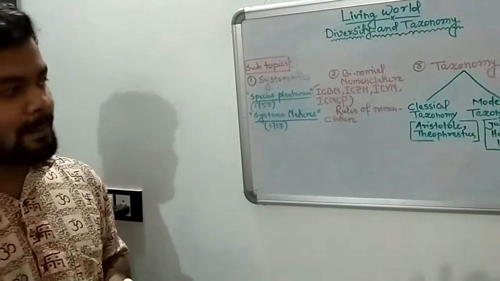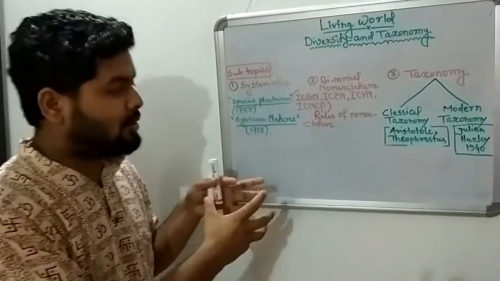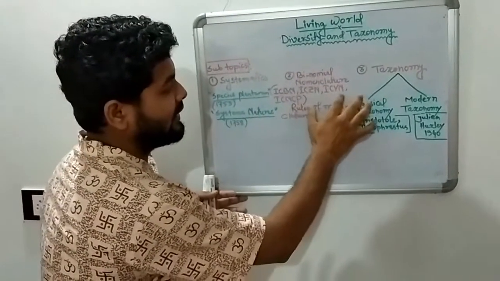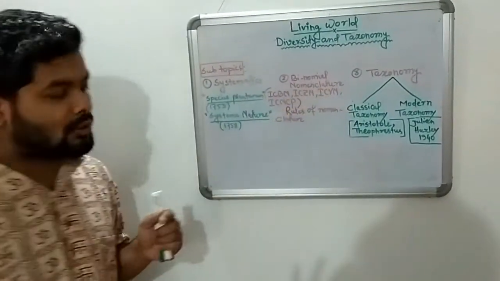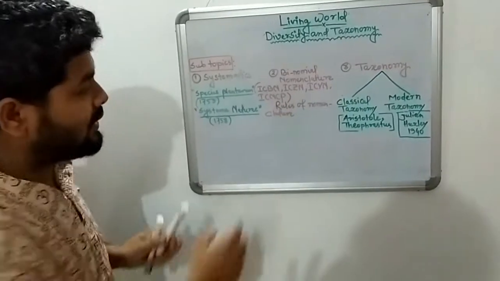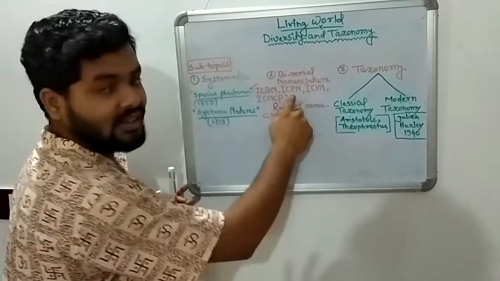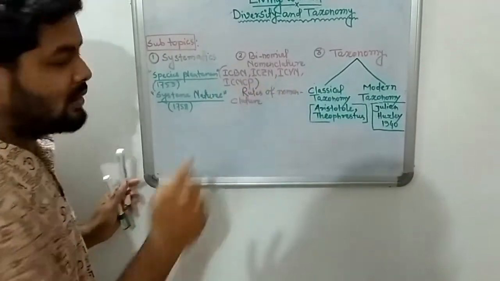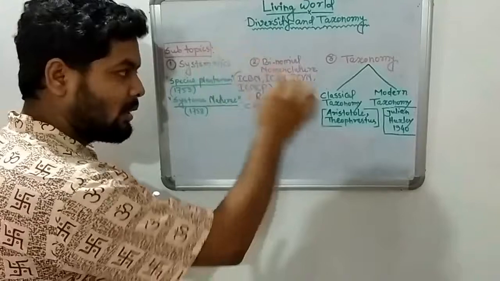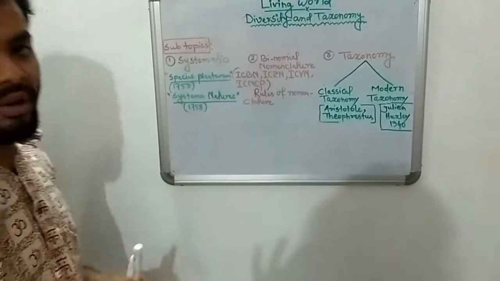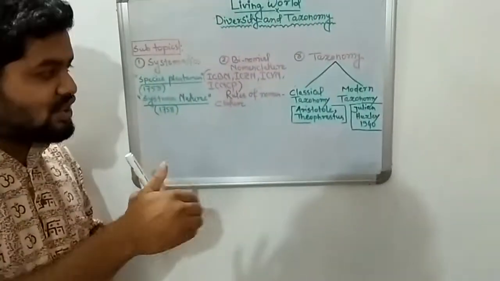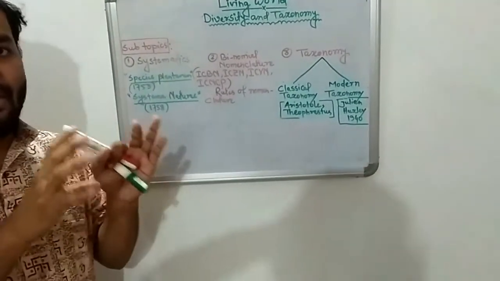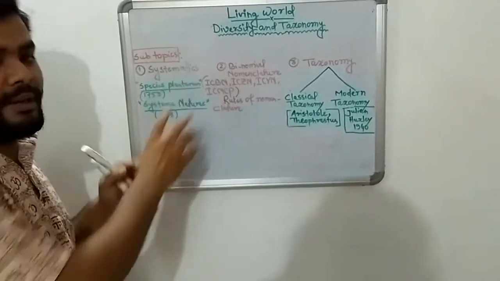Later on, this concept of Linnaeus was revised by the following institutions or codes, like ICBN, ICZN, ICVN, ICNCP. These are the communities which review the concept, and later on they changed some rules for giving a name to an organism, which is known as binomial nomenclature.